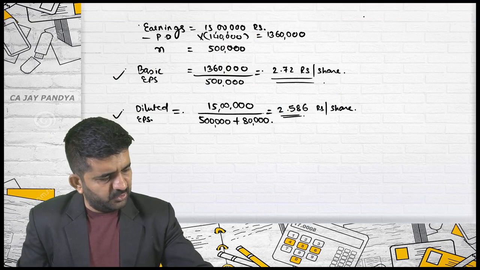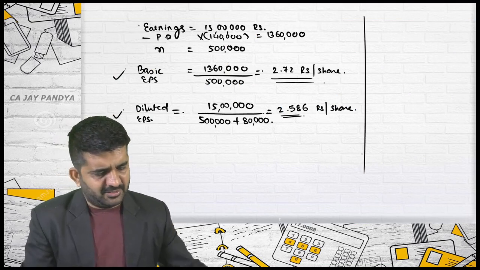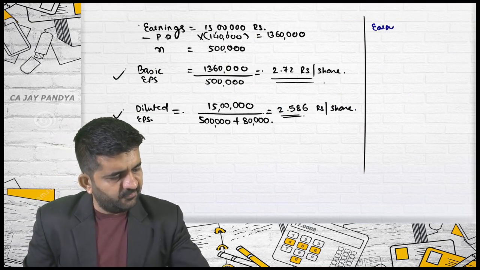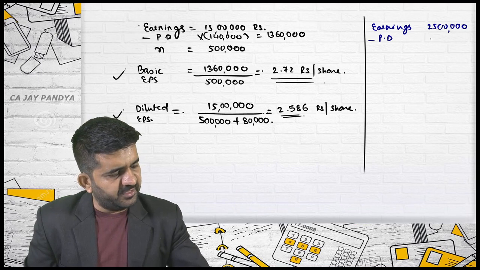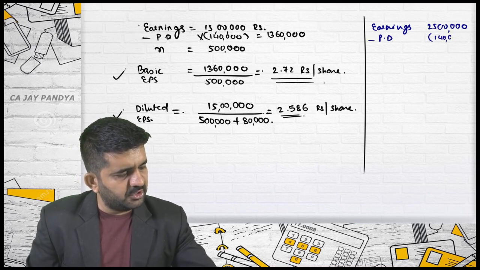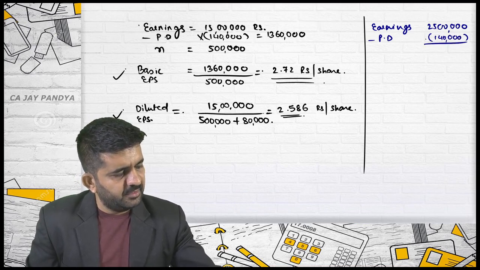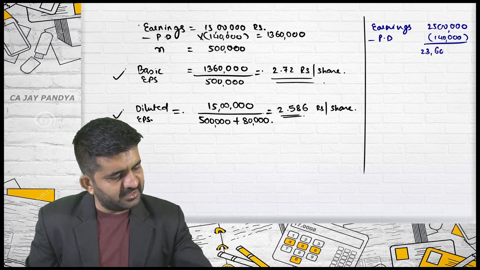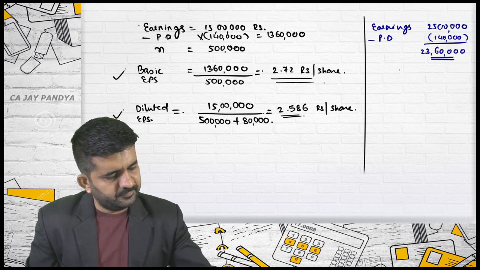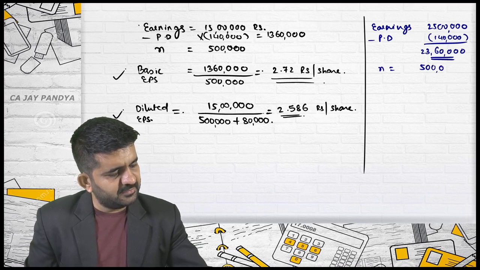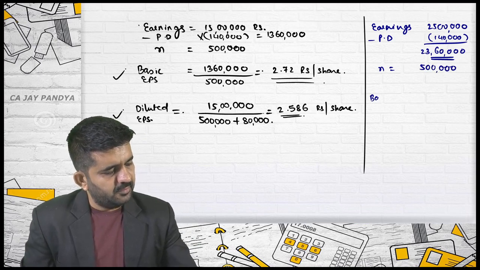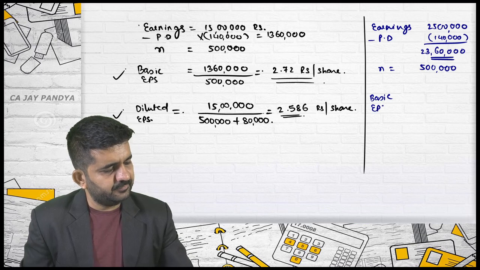So if earnings are 25 lakhs minus preference dividend 1,40,000, which remains the same, this will be 23,60,000. N is going to remain the same as 5 lakhs.